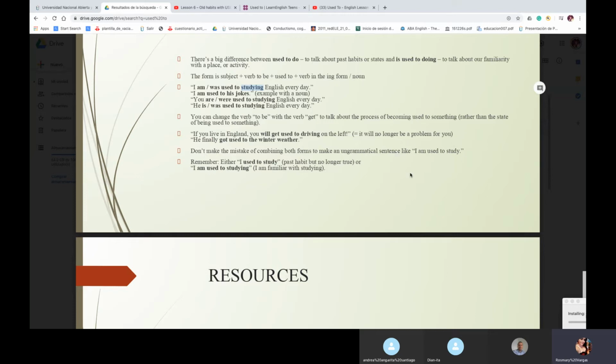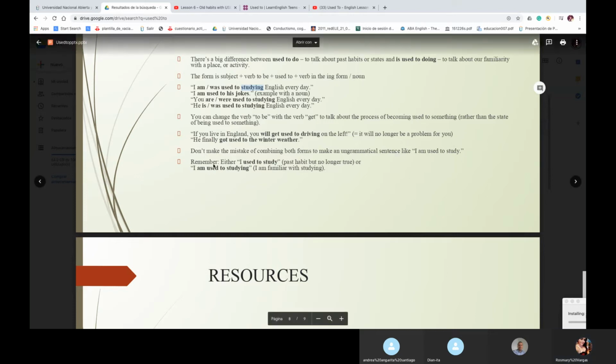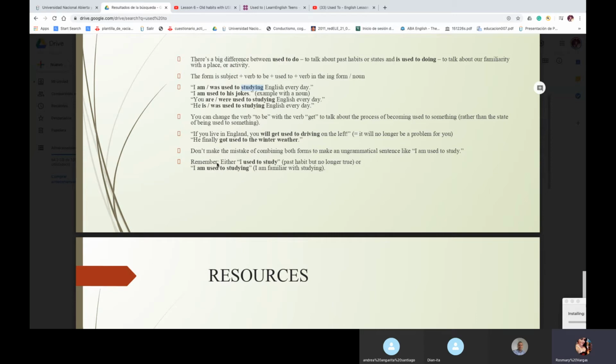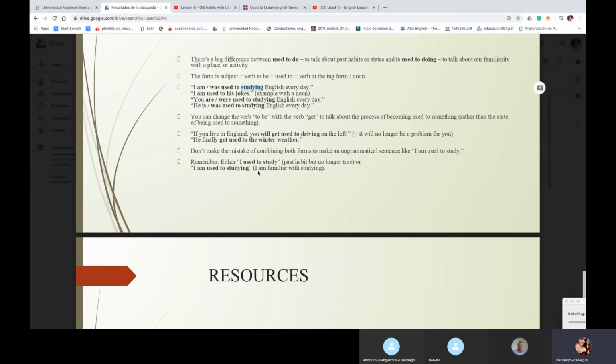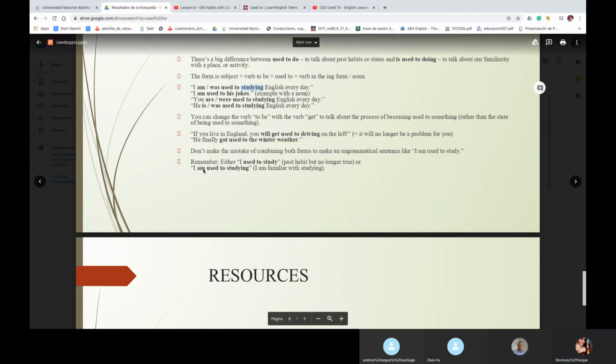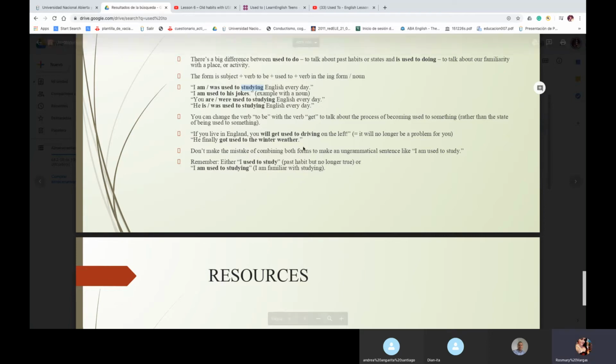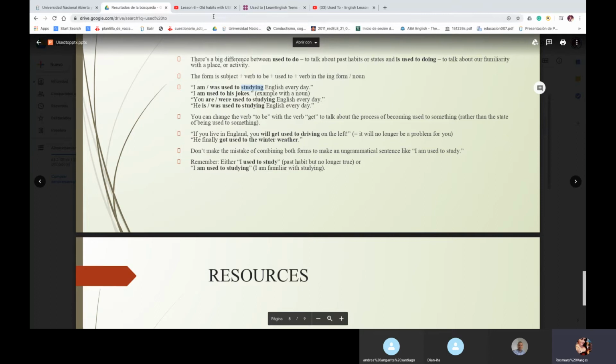That's wrong. Remember, either I used to study is a past habit but no longer true, or I am used to studying, that I am familiar with studying and continue doing. Yo estoy acostumbrada a estudiar, estar estudiando. That is how we can translate.